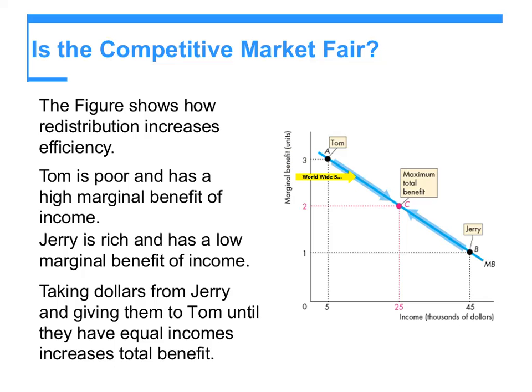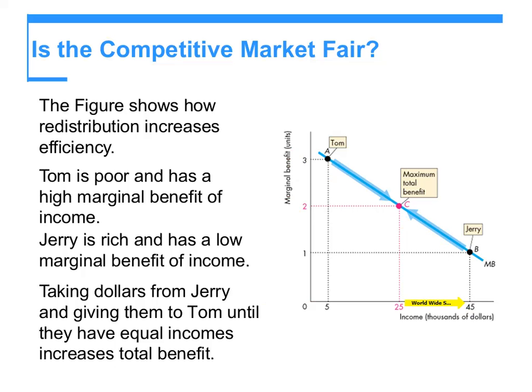So Jerry's 45,000 comes down to 25, and Tom goes from 0.5 up to 25, then both of them have the highest marginal benefit possible. So the total maximum marginal benefit of the market will be higher. For 25 income, you get 2 marginal benefit, while here, for 3 units you have this, for 5 you have 3, and for 45 you have just 1.